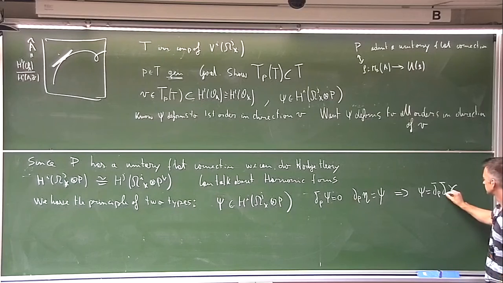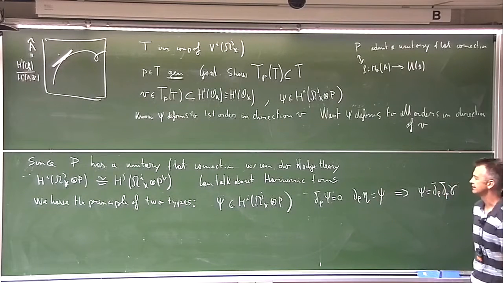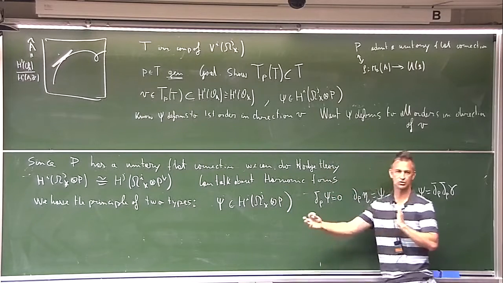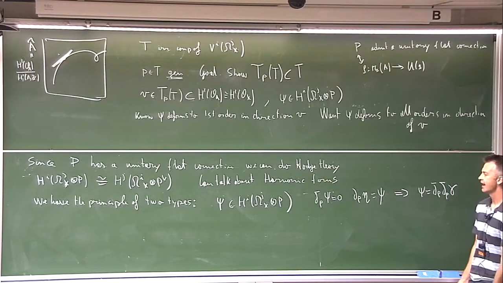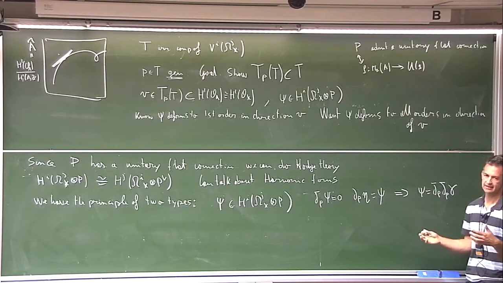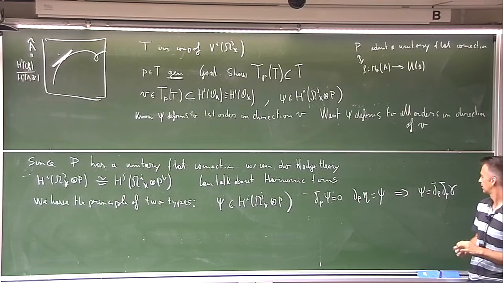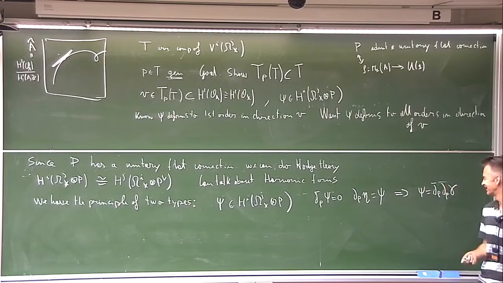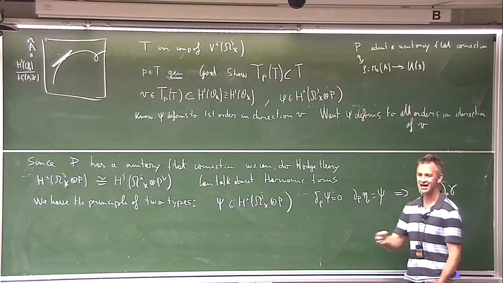So, P there too. Okay, so if there was no P here, then it's the traditional principle of two types, and you can just develop the same exact Hodge theory. Ψ is ∂∂̄? Yeah, that would be a bit too good to be true. It's ∂̄ or something, yes.